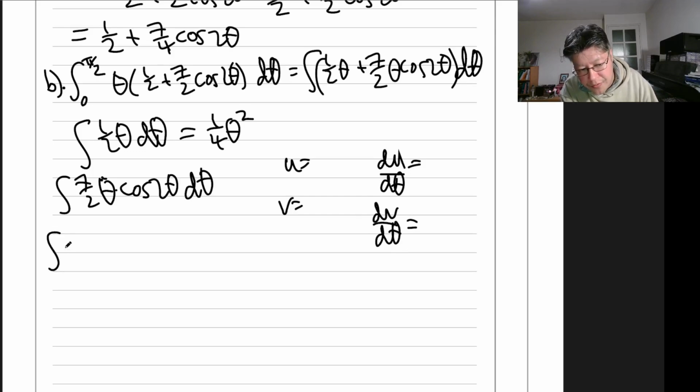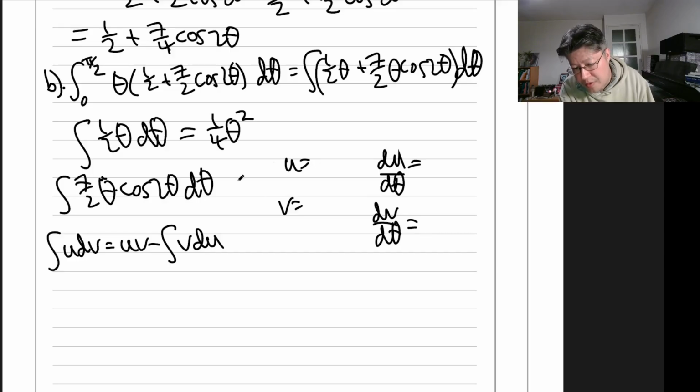It's the integral of u dv should equal uv minus the integral of v du. So we need to fill in this diagonal here, and 7 over 2 theta will be the first product, and cos 2 theta will be the second product down here. So we differentiate this way to give us 7 over 2, and we integrate this way to give us a half sine 2 theta.